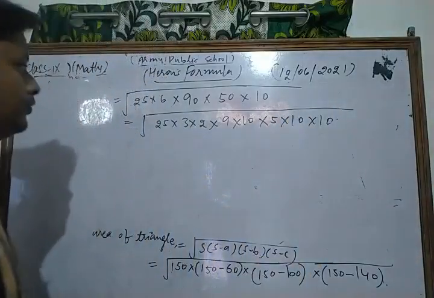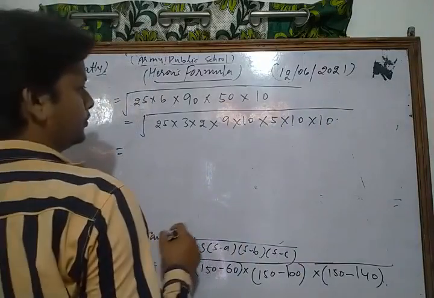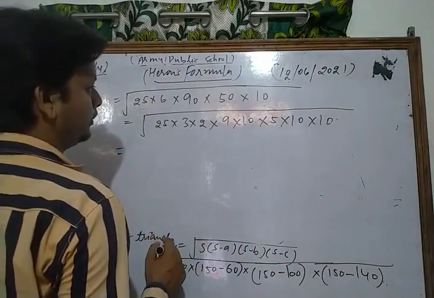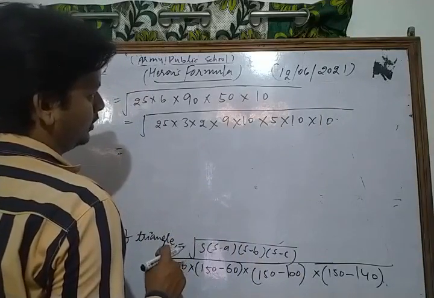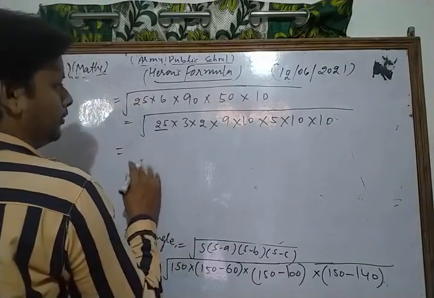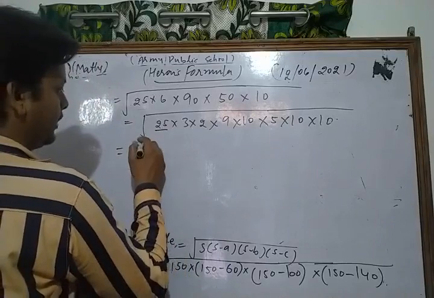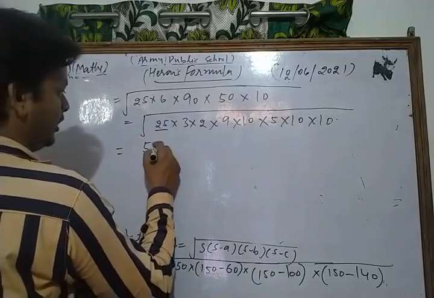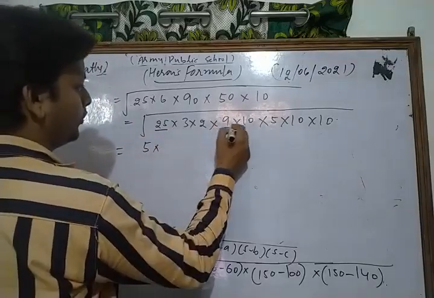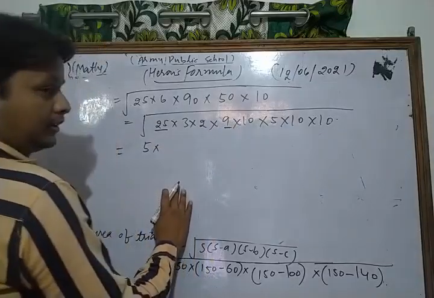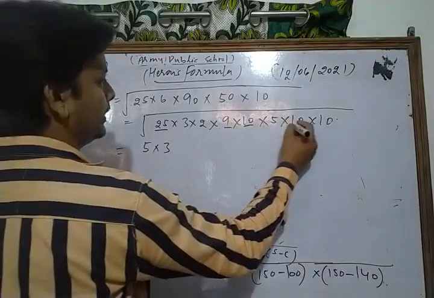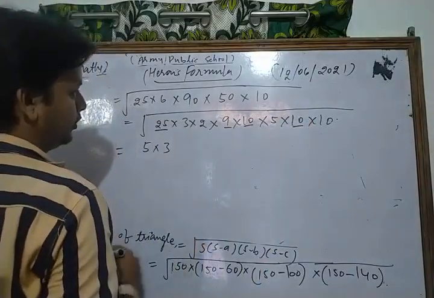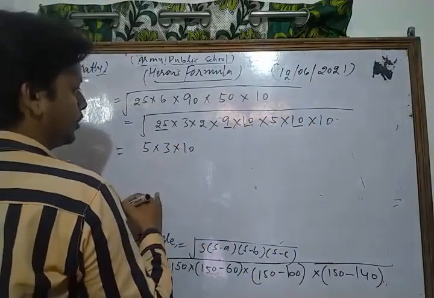Now from there we take 5 as common out of the under root. The square root of 9 is 3, so 3 comes out of the under root. That 10 is in a pair, so 10 also comes out of the square root.